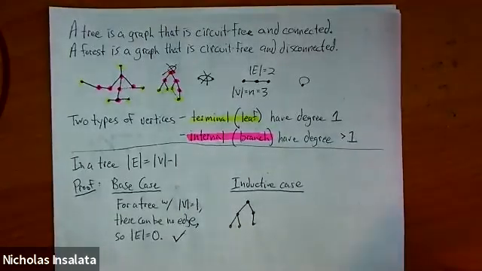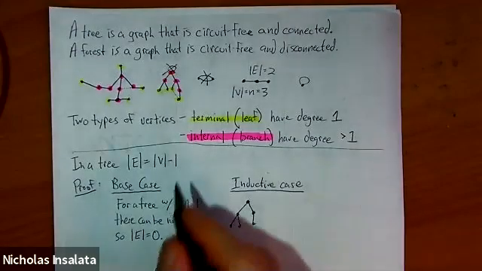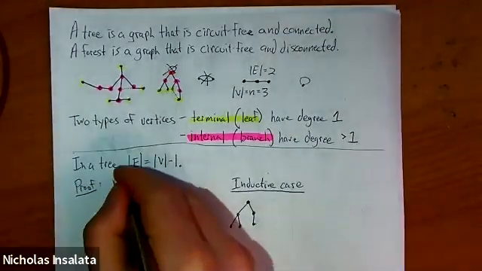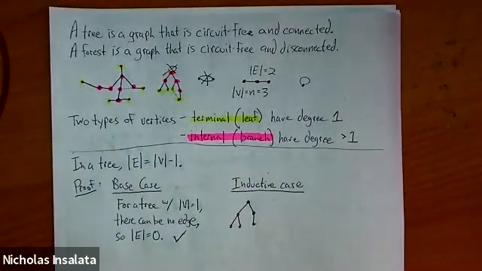Now, what are we doing induction on? What's our n+1 situation? Add one more vertex. So we're doing induction on the number of vertices.